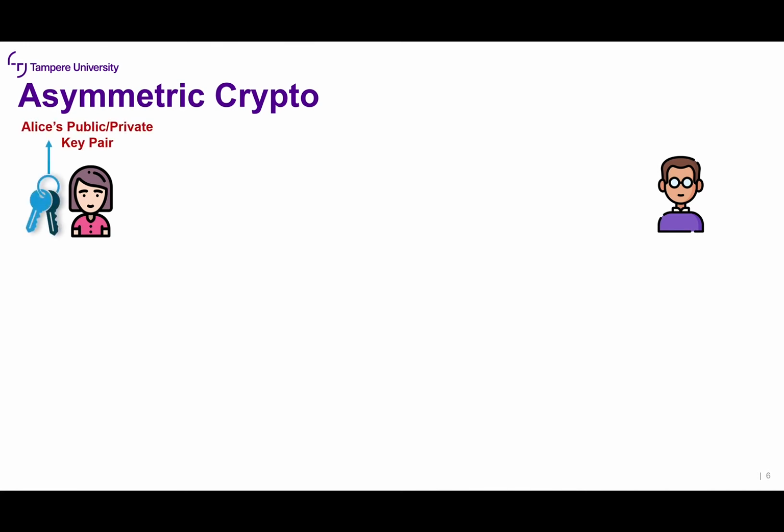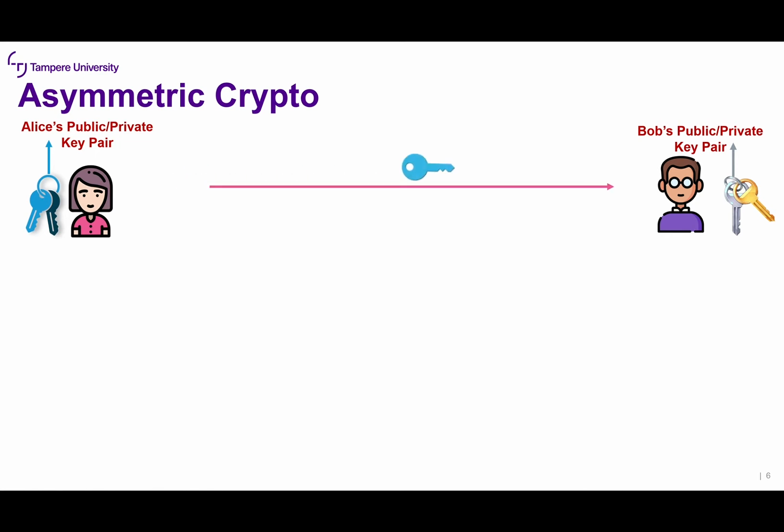So imagine that we have Alice and Bob. Alice on her end, locally, generates a public-private key pair, and Bob is doing the same on his side, right? Then Alice is sending her public key to Bob. There's no need, let's say, to protect her public key. This is not entirely true, but anyway, for now, let's assume that there's no need to protect it.